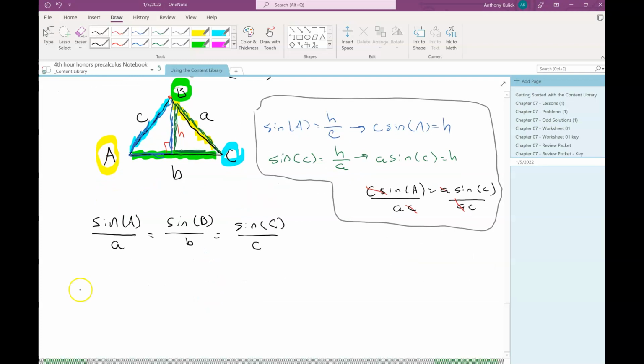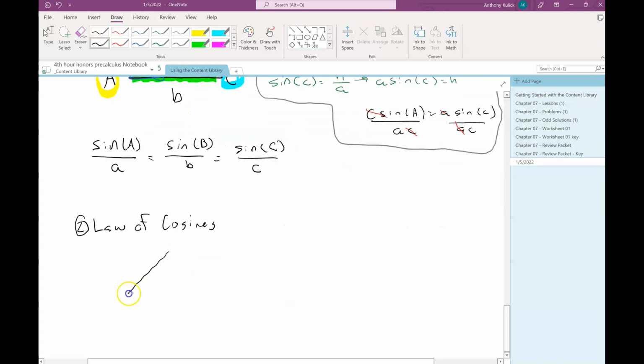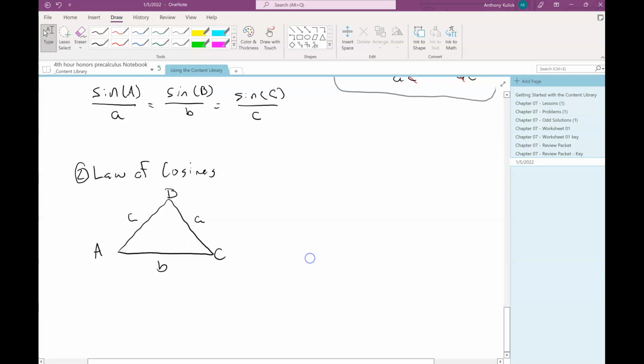So that's one tool that we have. The other tool is called the law of cosines. There are kind of three different versions of the law of cosines.